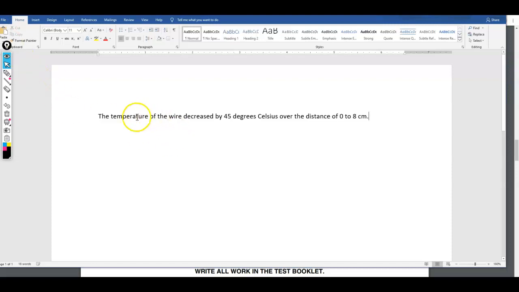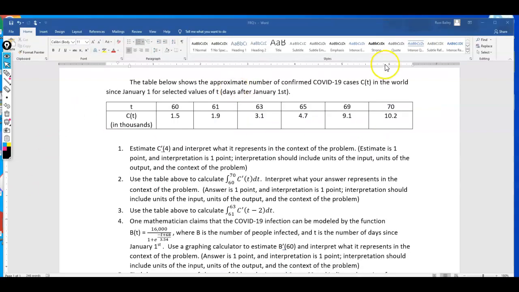And there you go. So we have our context, our output units, and our input units. For our next question, it says to use the table above to calculate this.